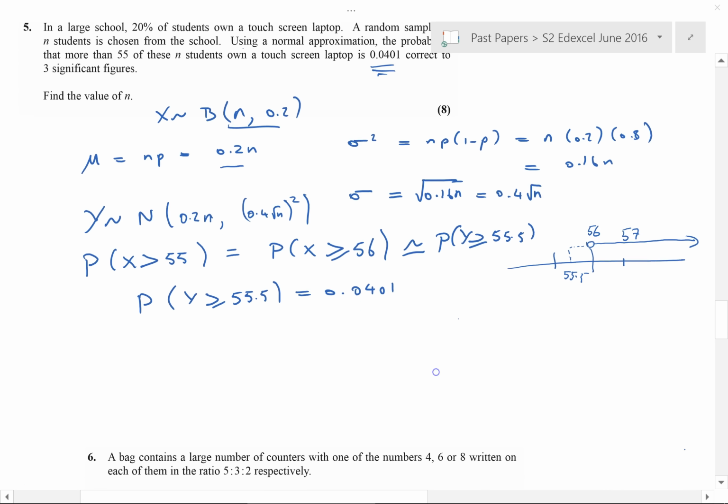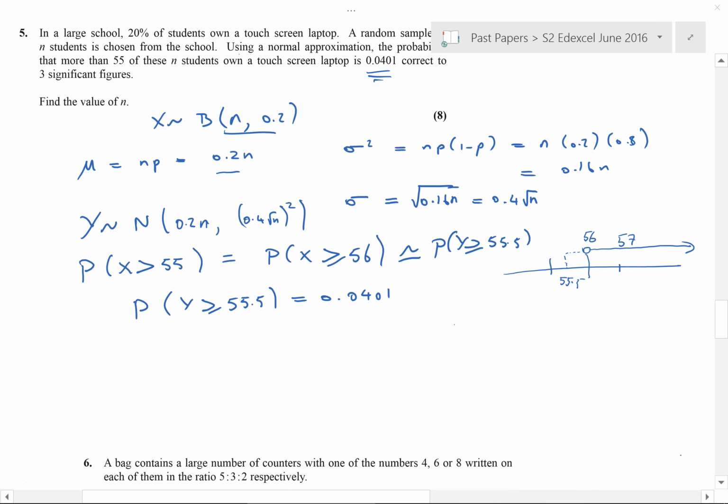Now we're going to be using the tables at some point, so we might choose to change to Z. Okay, so we've got this area here, which we're told is 0.0401. So this area here will be 1 minus that.